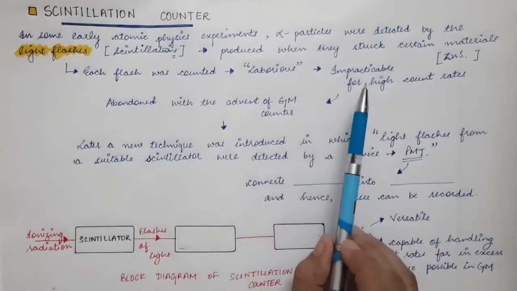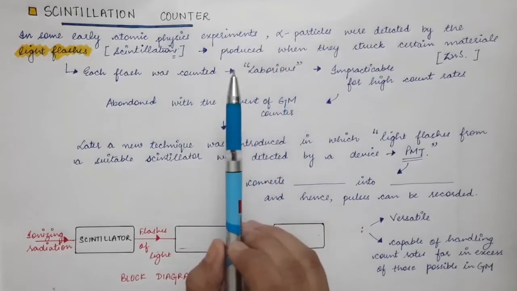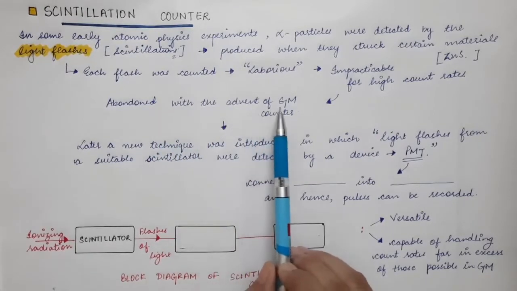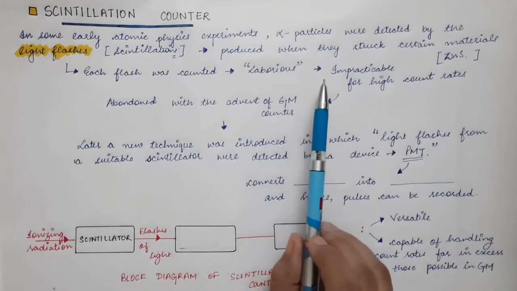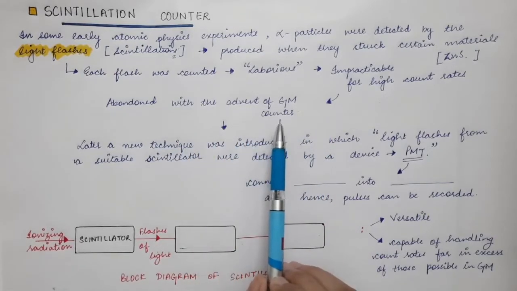This method of detecting ionizing radiations was abandoned with the invention of the GM counter. So this method was of no use after the invention of the GM counter.